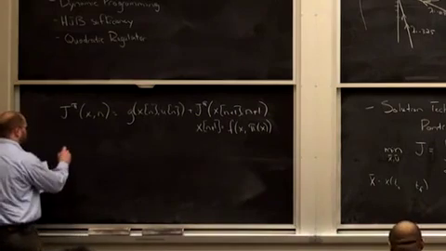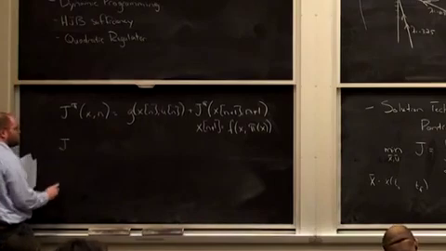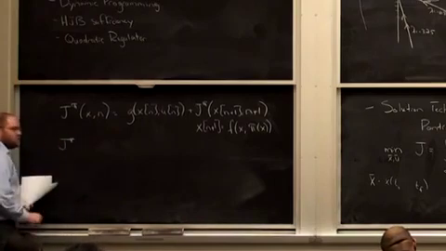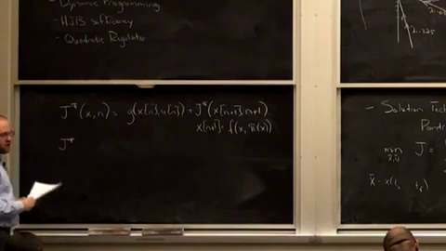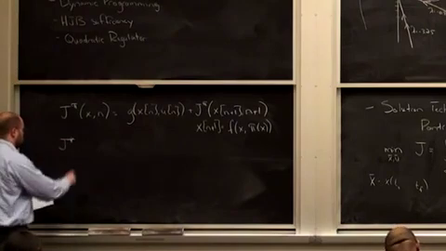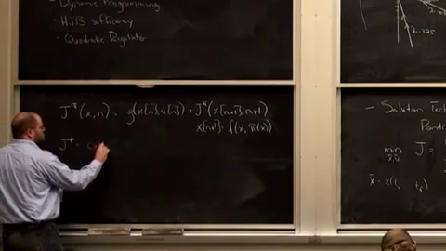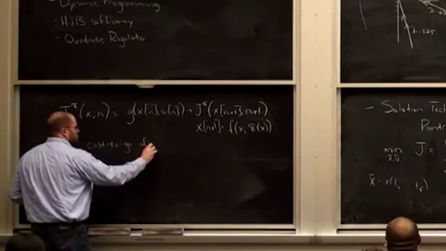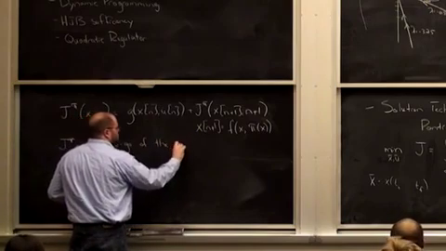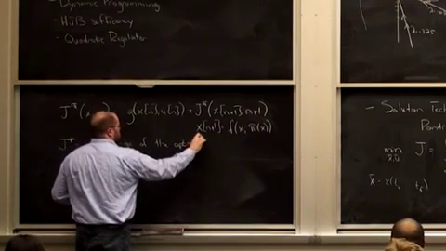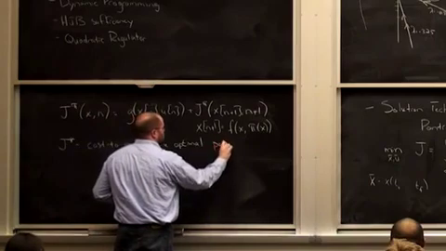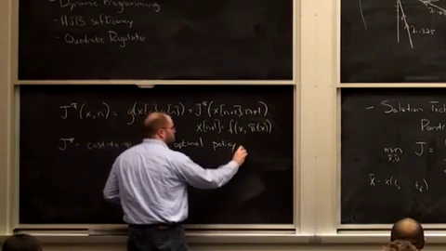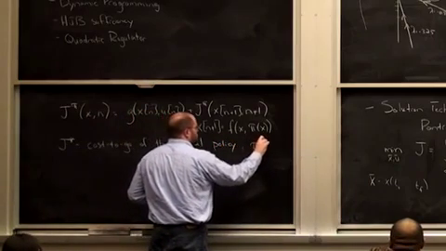So let's now define J star to be the cost I incur if I follow the optimal policy, which is pi star.